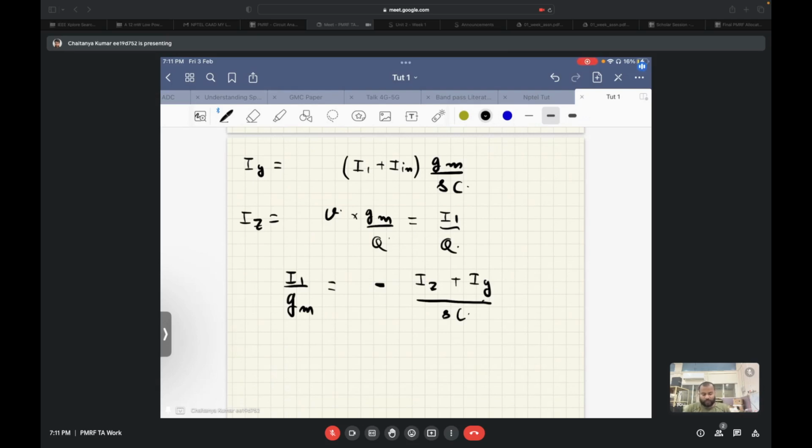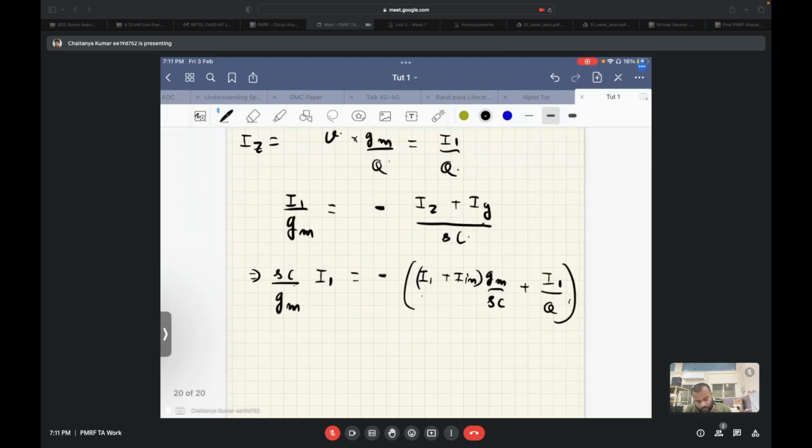So if we plug in the values of I1, IZ and IY, what we get over here, we shall write it this way: I1 is equal to minus of I1 plus I in times GM by SC plus I1 by Q.